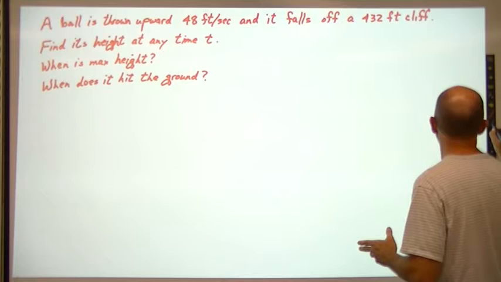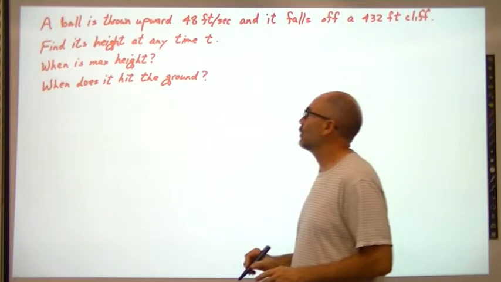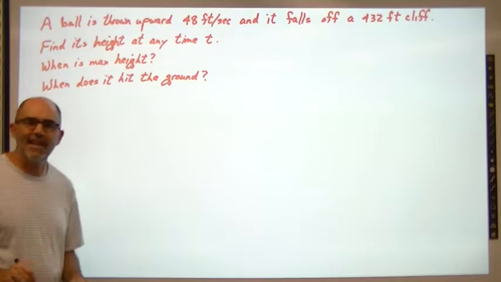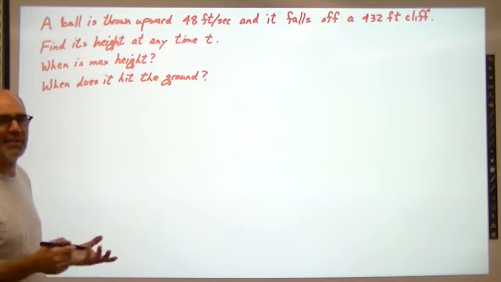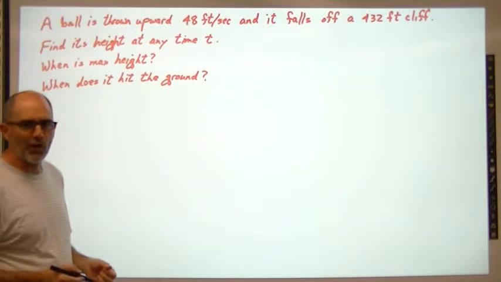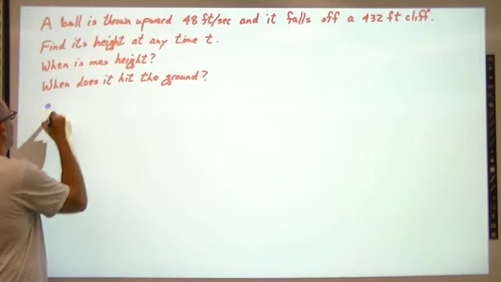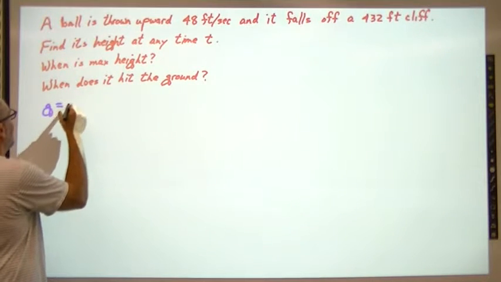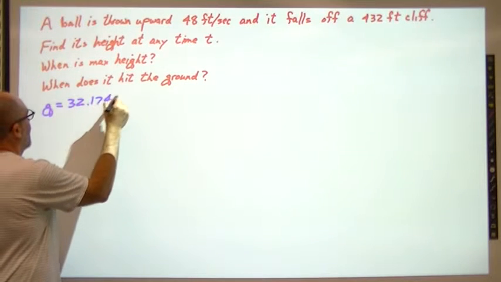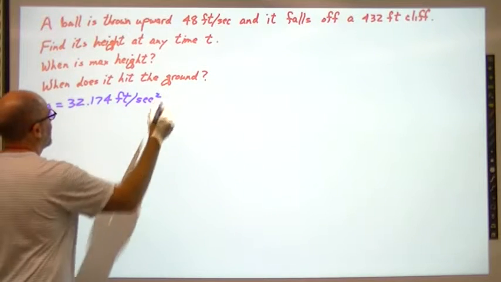Because this is the Earth, and this is also the good old United States of America, where we deal with feet and seconds. So what is acceleration in the United States of America? Acceleration of gravity, which we'll call g, equals 32.174 feet per second per second.